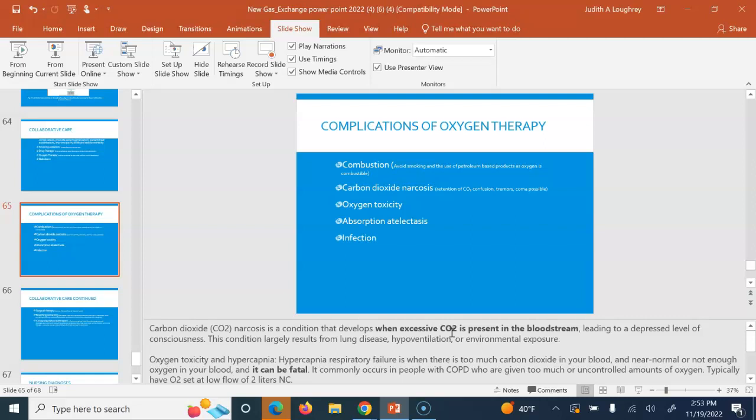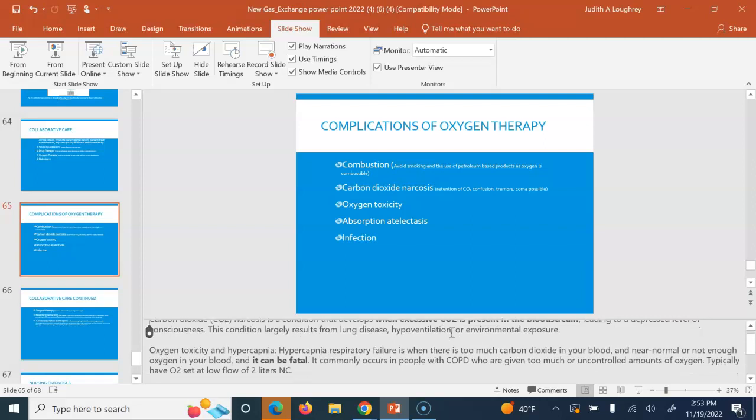So too much oxygen at a higher concentration would prevent that desire to breathe, or those receptors from responding properly. But also, with the increased oxygenation, we're trapping more and more air and converting to CO2, causing more acidosis and more hypercapnia in the blood.